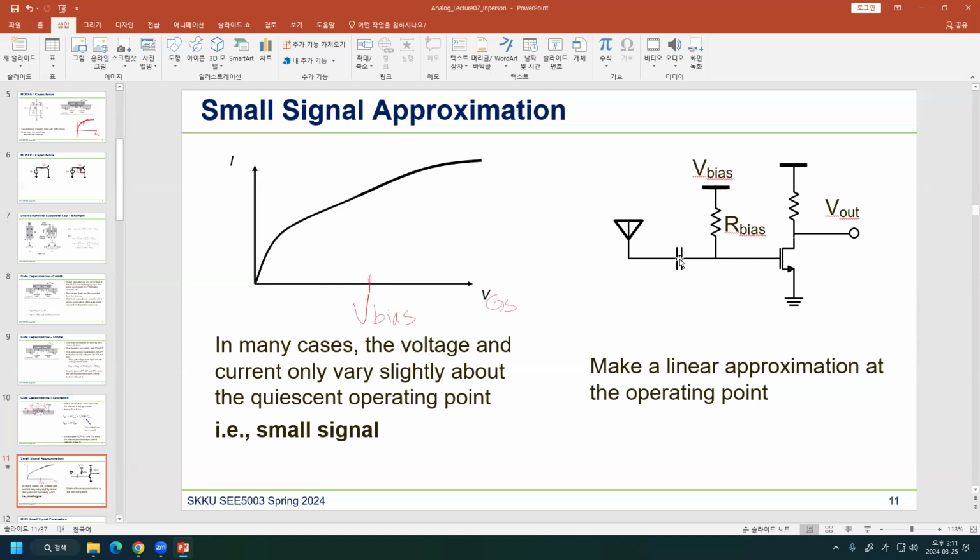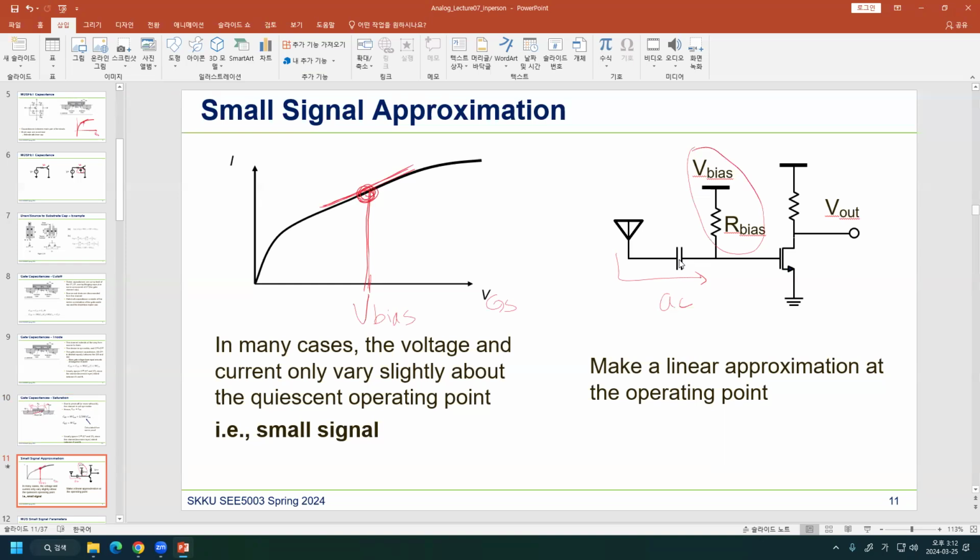What it does is that only the AC signal is coming through because of the cap, and then we set the bias voltage here. It's good to think of bias and signal as separate things. So we have a bias, this is our operating point, and we get a gm from the slope at this point, right?